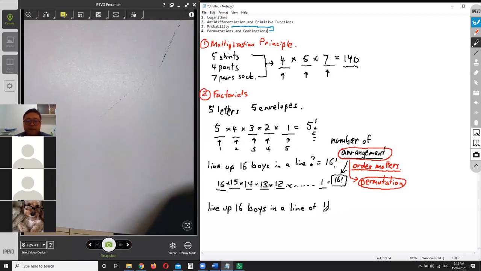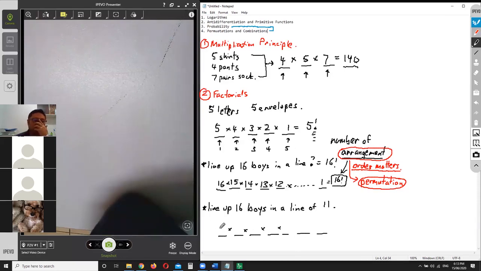So this is for a soccer team. What would that look like? So you'd have 11 spaces, yeah? What number would go into the first space? How many boys can you put into the first position?